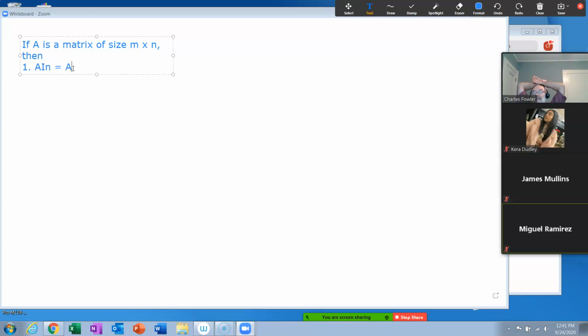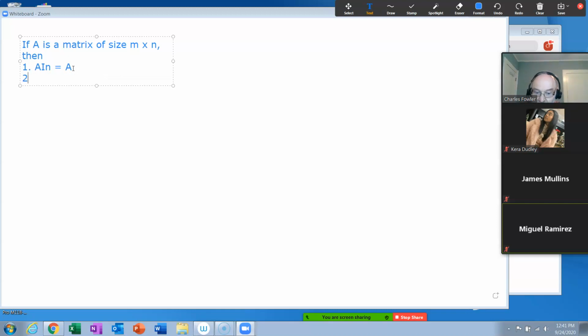Just like multiplying number A by multiplicative identity element 1 gives you number A, multiplying matrix A by the properly sized identity matrix, that's the one with the same number of rows as A has columns, and of course I has to be square, so that would be an N matrix, then that's always going to be true.